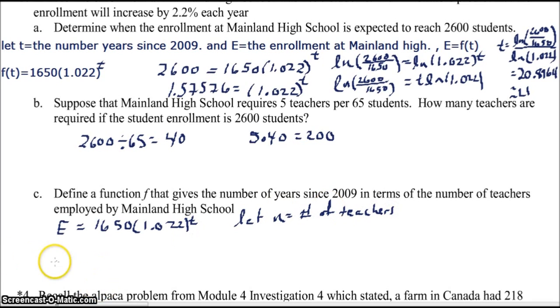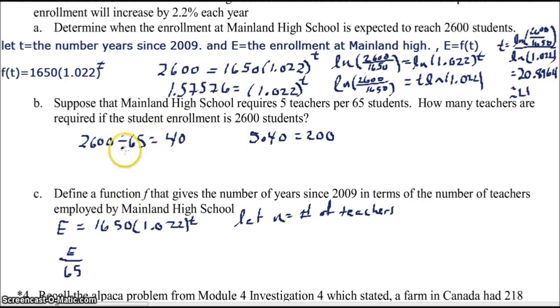Then if we take the enrollment, E divided by 65, the enrollment divided by 65 tells us the total number of groups of 65 students that we have.